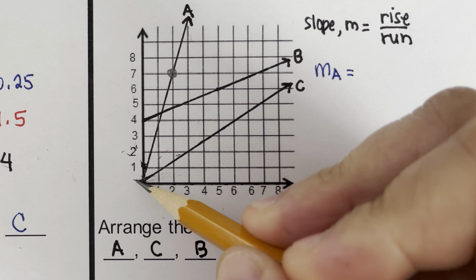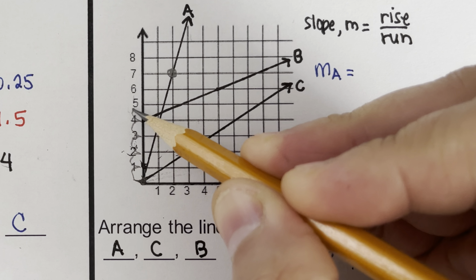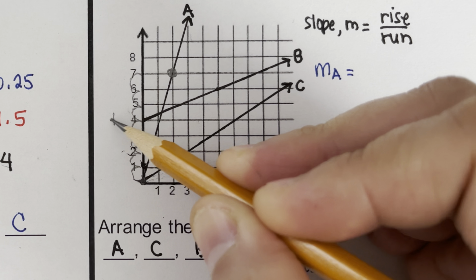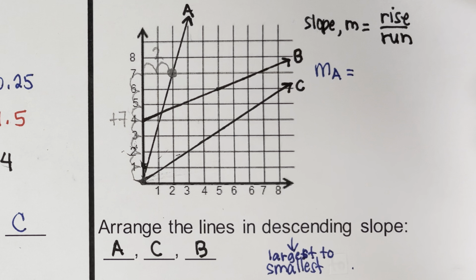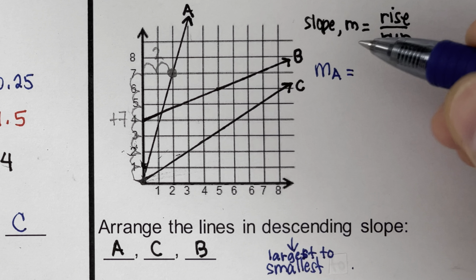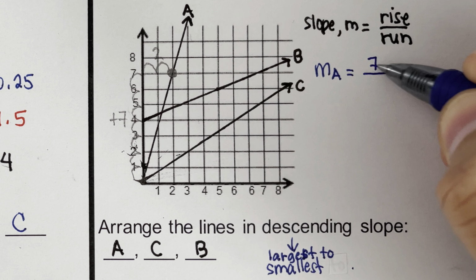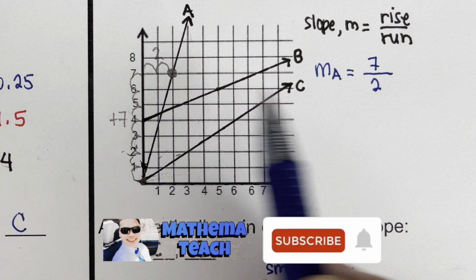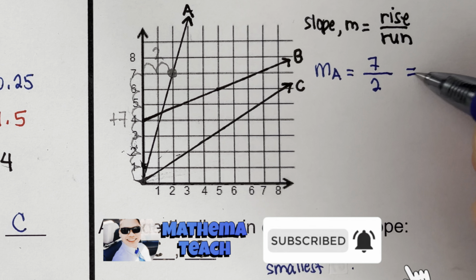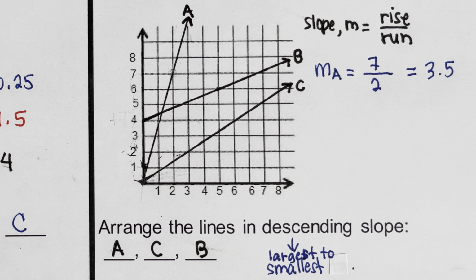That would be 1, 2, 3, 4, 5, 6, 7. So we went up 7 over 1, 2. So that is 2 right there. So our slope is 7 over 2. We rise up 7 and we run 2. So 7 divided by 2 is 3.5.